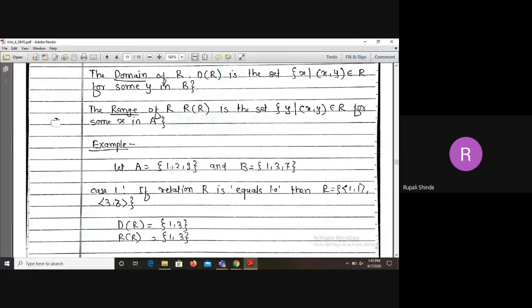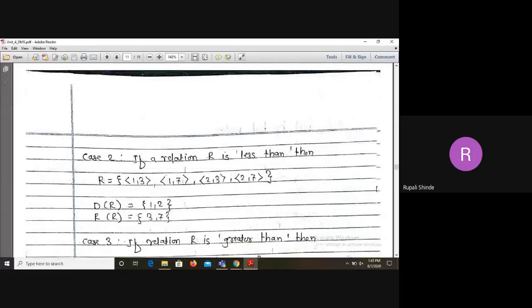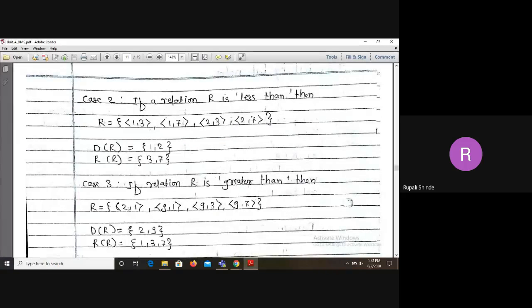If you consider the first element as 1, nothing is greater than 1, so we skip it. If you consider 2, then for this 2 we can write the ordered pair as (2, 1). Then (9, 1), (9, 3), (9, 7). From all these ordered pairs the first element is always greater than the second element.